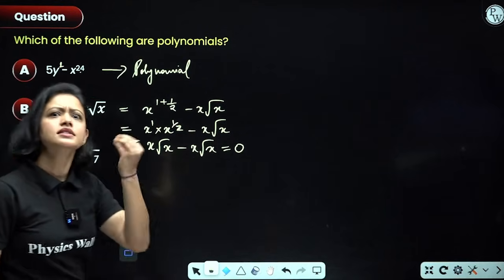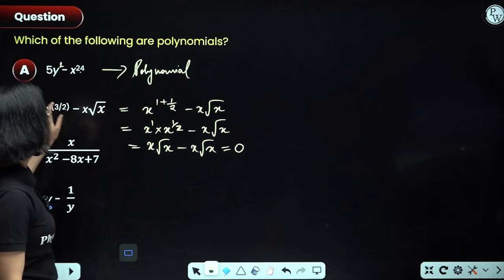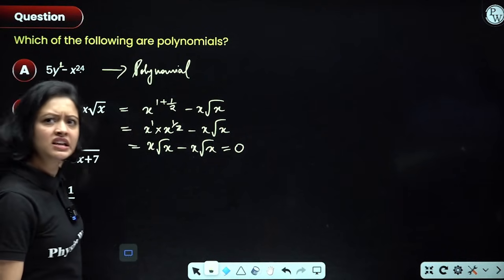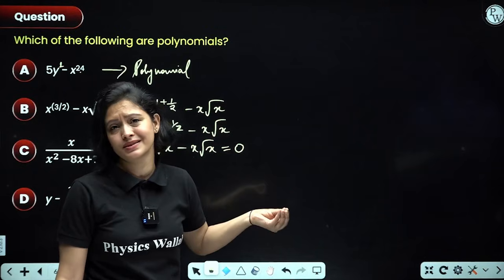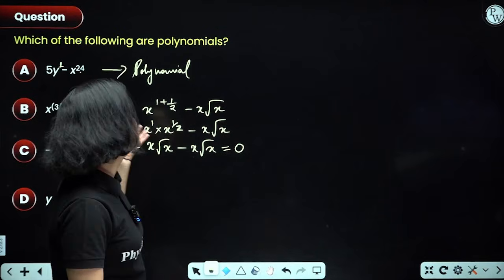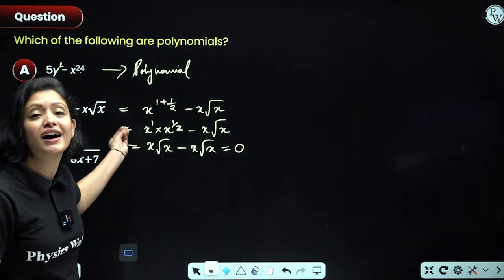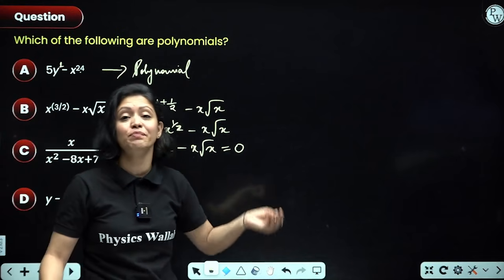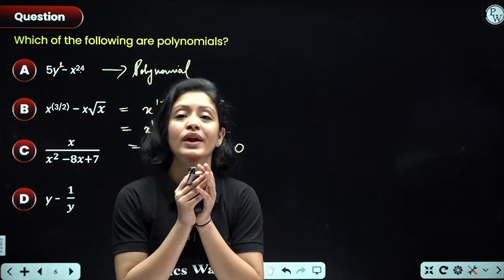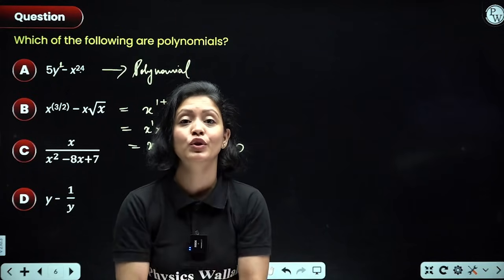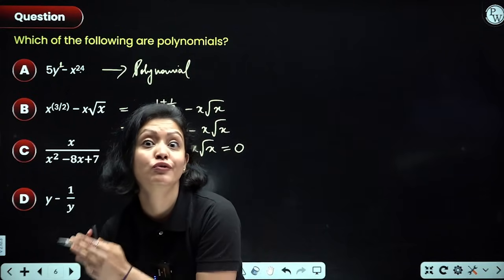So, in case some of you might have said, okay ma'am, the power of x here is clearly not a whole number and it's not a polynomial. You're wrong, guys. Why are you wrong? Because you needed to simplify this. Simplification means that if there are like terms, you need to evaluate them together and hence bring the polynomial to its standard form.